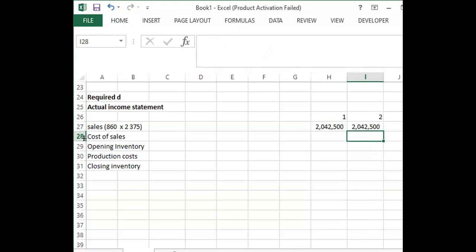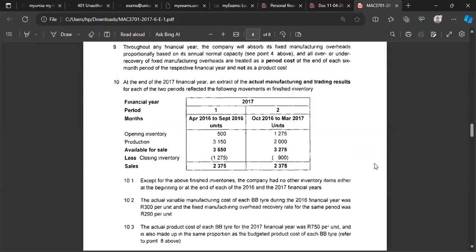Now we need to calculate the cost of sales. Cost of sales is going to require us to make use of opening inventory. So maybe we can start it off this way. Our opening inventory for period 1 is going to be 500 units, so we put up our 500 units there.